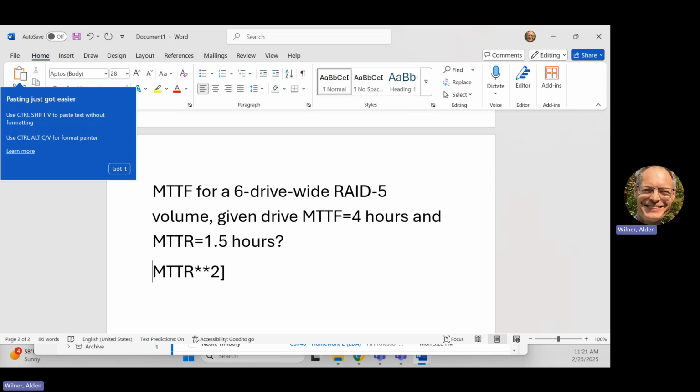And the denominator is the size. And when that second drive fails, the thing is dead. So our calculation is going to turn out to be 4 squared, or 16.